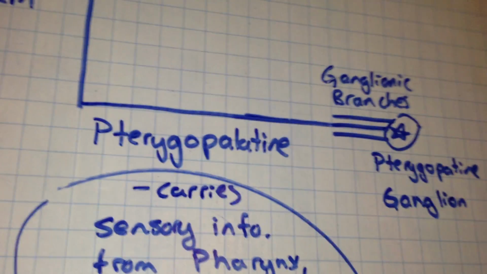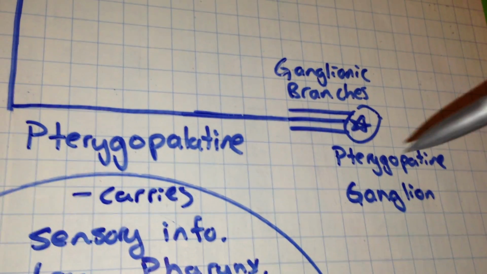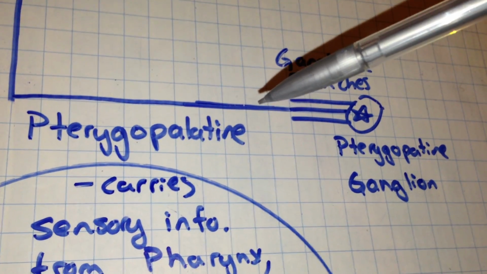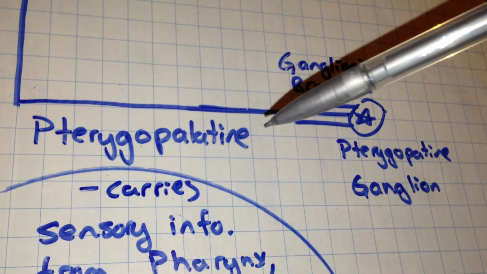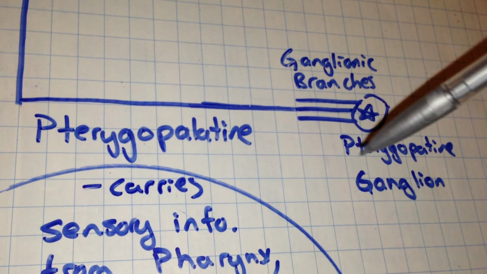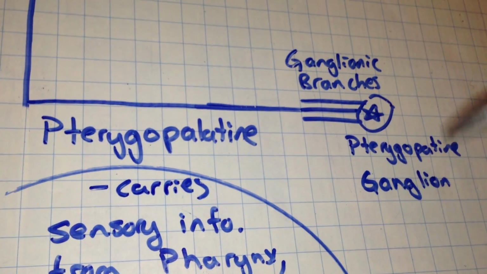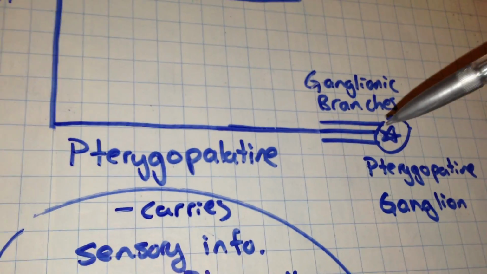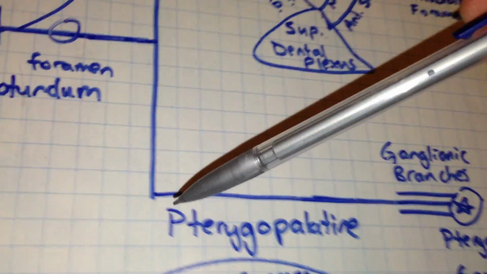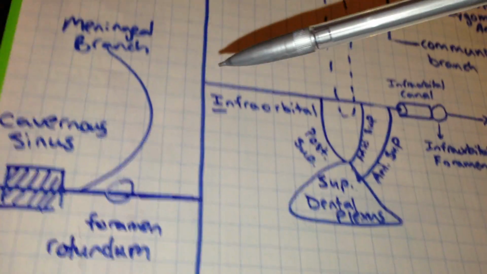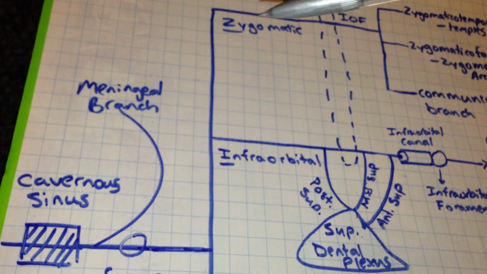If you follow the pterygopalatine, you have ganglionic branches that connect the pterygopalatine branch, or more precisely the maxillary, to the pterygopalatine ganglion. The pterygopalatine ganglion is going to give off parasympathetic fibers that go here, go up, and go to the zygomatic nerve.